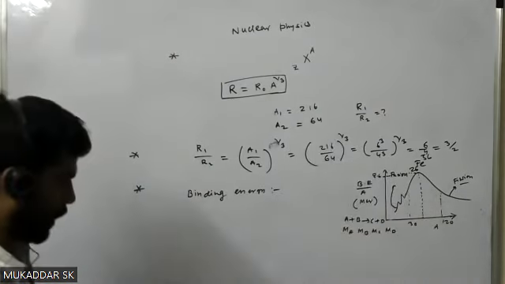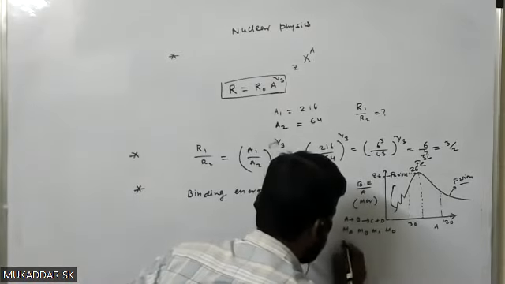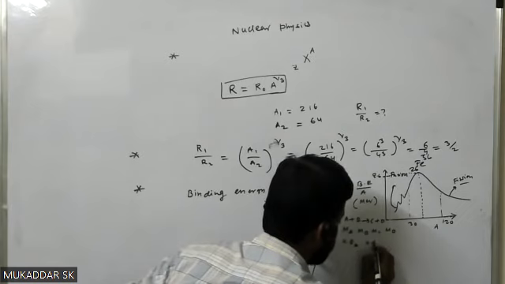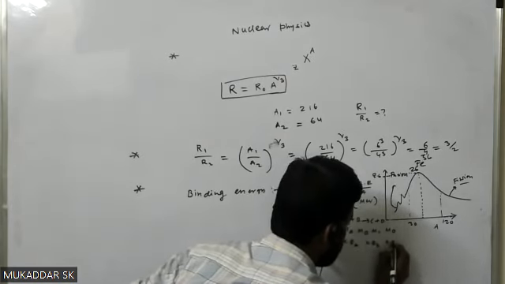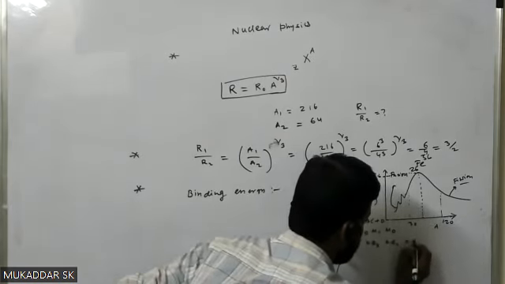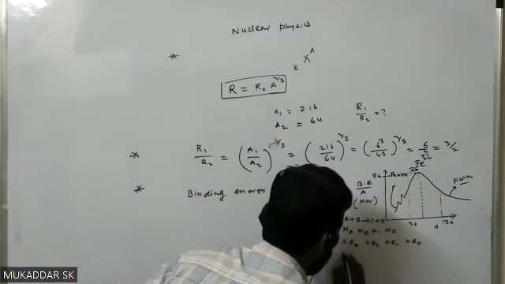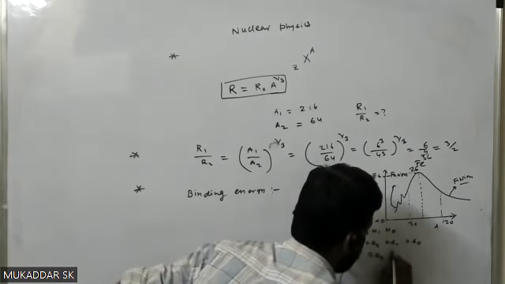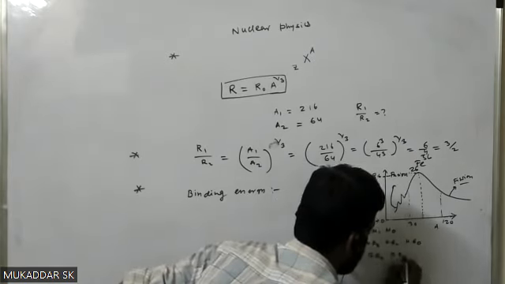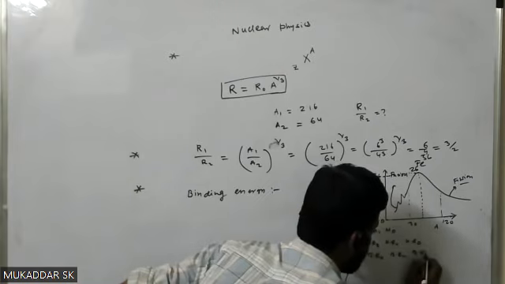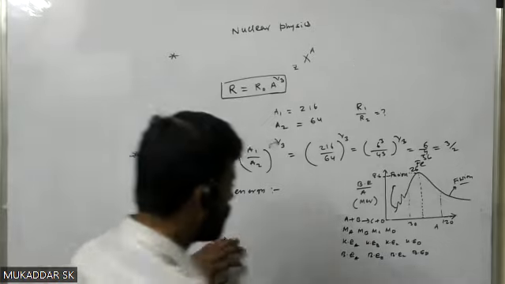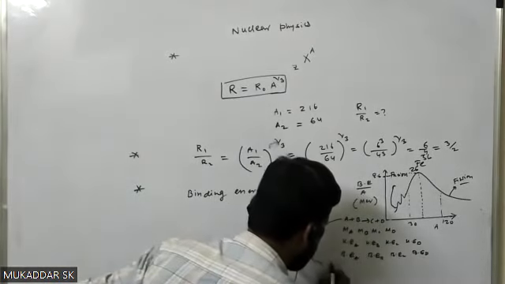If you define in terms of kinetic energy, the kinetic energy of A is Kea, of B is Keb, of C is Kec, of D is Ked. The binding energy of A is Bea, of B is Beb, of C is Bec, of D is Bed. So how will you define the Q value of this reaction?